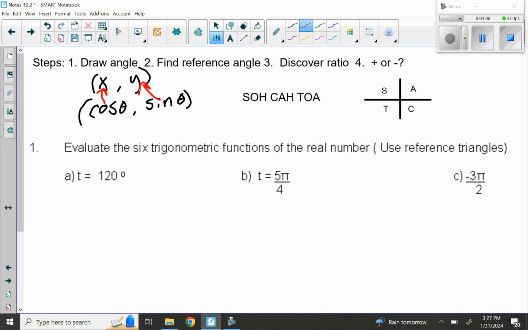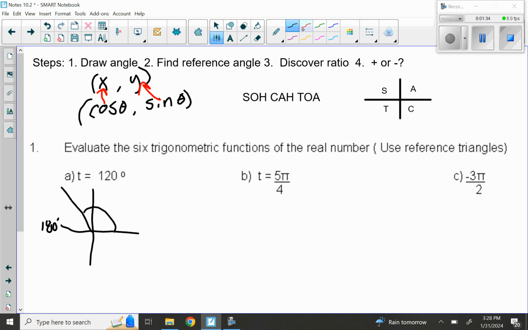So with that, let's get started. Evaluate the 6 trig functions of the real number. Use reference triangles. So think of that as reference angles. So I'm going to draw 120 degrees. So if I know 180 is over here, I'm not going to go that full distance.